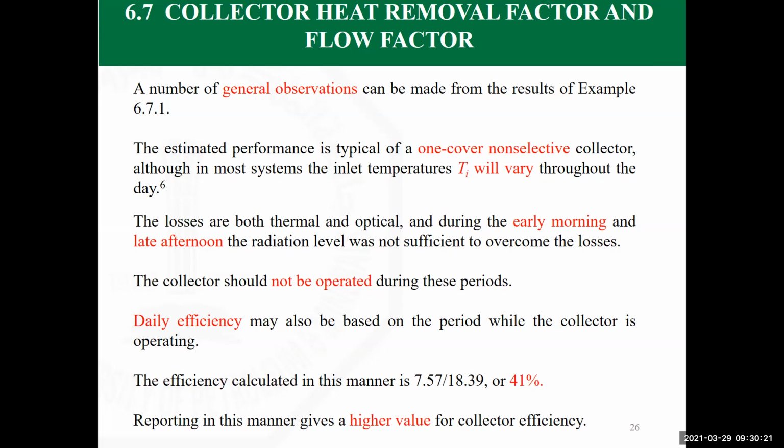The collector should not be operating during these periods, even early morning or late evenings, to make sure that it will only operate when it's going to heat the water. The daily efficiency can be based on not the whole day, but if the solar collector system is going to operate for 6 hours, 8 hours, 10 hours, depending on the season, you can calculate the efficiency based on these values. I don't have to calculate the efficiency 1 hour after dawn, or the same hour the sun rises, because this is not really useful.